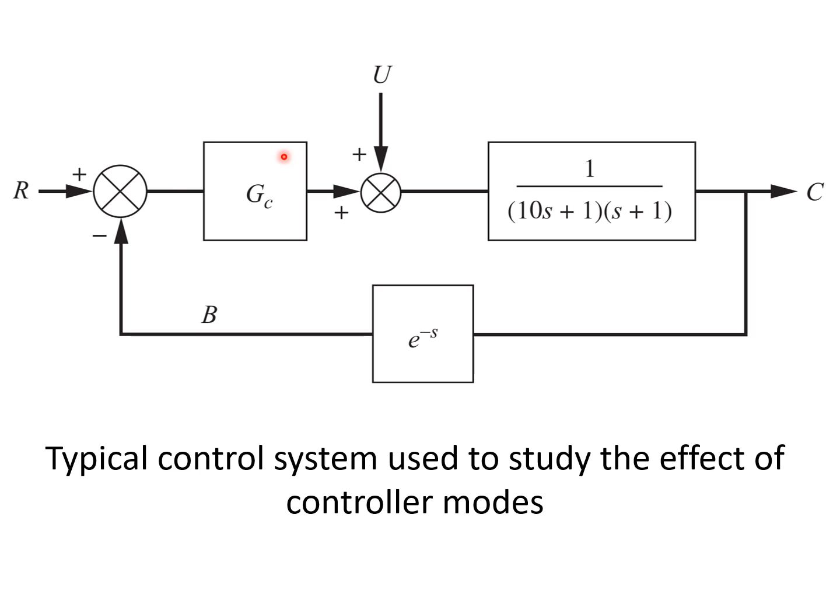We're going to try different controllers and use them for our performance criteria. At the end of the day, we want to see how the performance of C responds with respect to changes in U and changes in R.